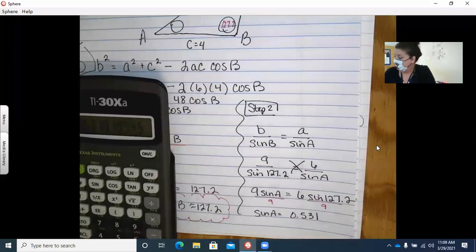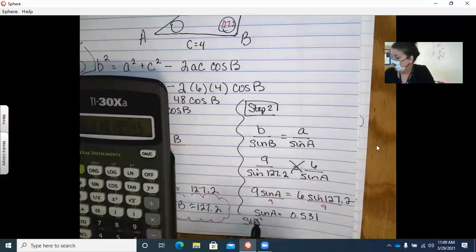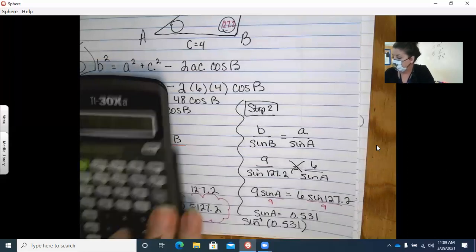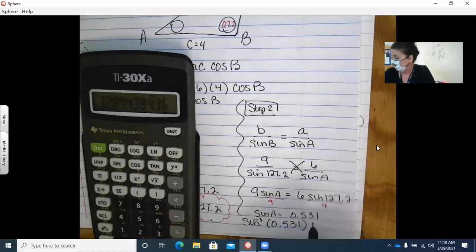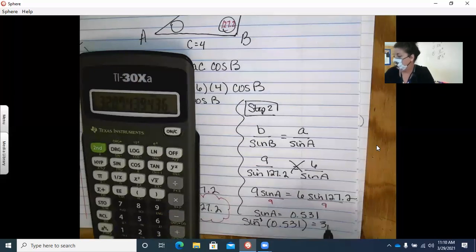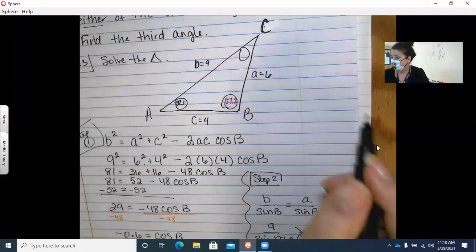It's not angle A. So to find that, we're going to have to do the inverse. So leave that number in your calculator. Second inverse sine, and let's go with 32 degrees. Round it like we've been rounding it. So angle A is approximately 32.1 degrees. Now we can do the same thing to find angle C, or unnecessary.